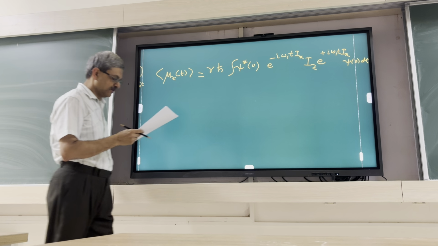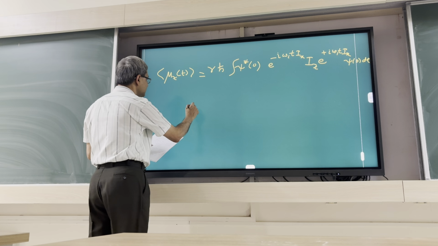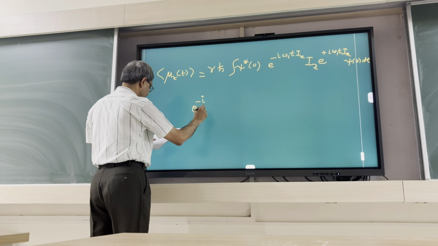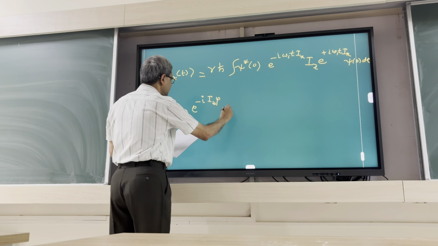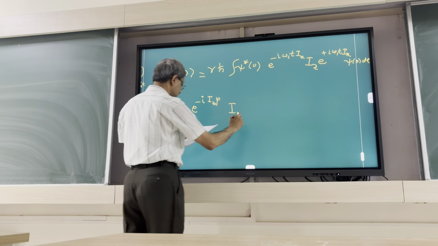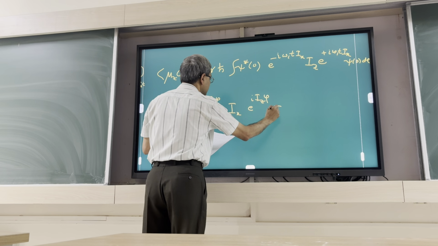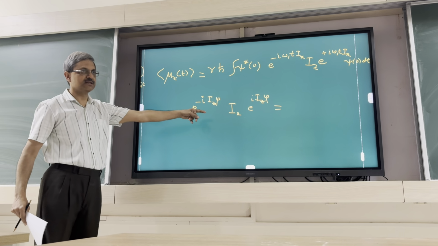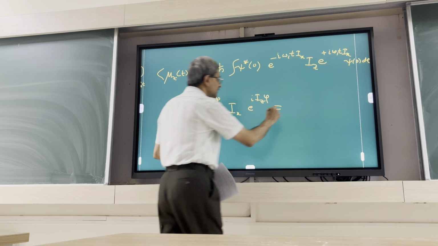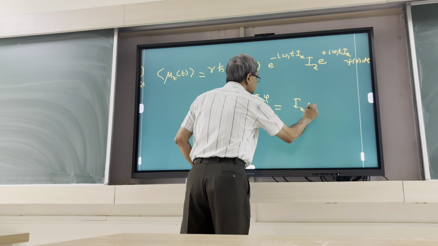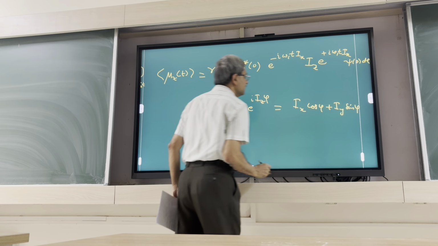Okay, now just to remind you, what we found earlier is e to the minus i Iz phi Ix e to the i Iz phi, right? So this is the rotated Ix prime: Ix cosine phi plus Iy sin phi.